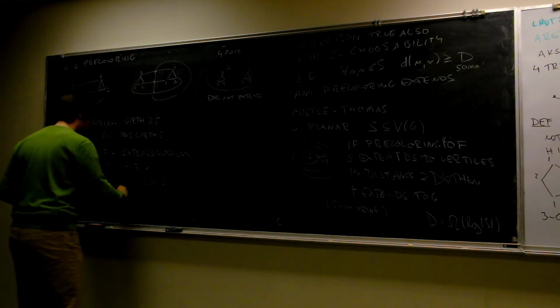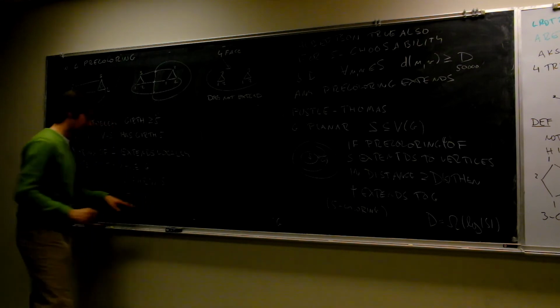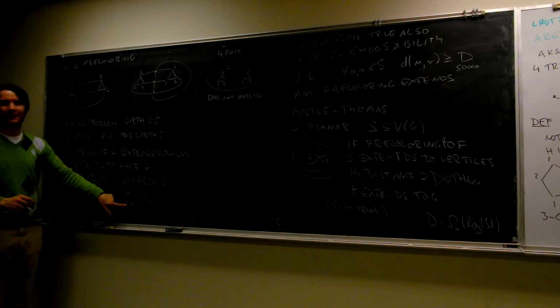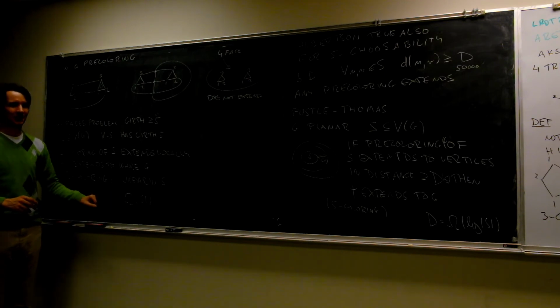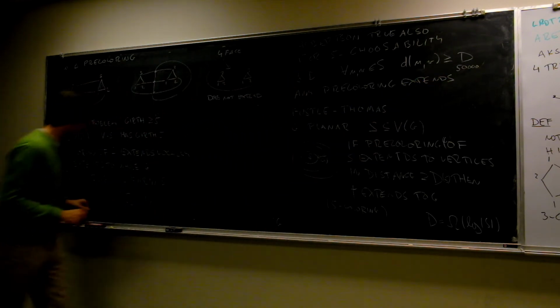So if you have the extension, at least some contour, I think Luke Postle can do it with this being 100. So it's not even a disastrous constant like this one.